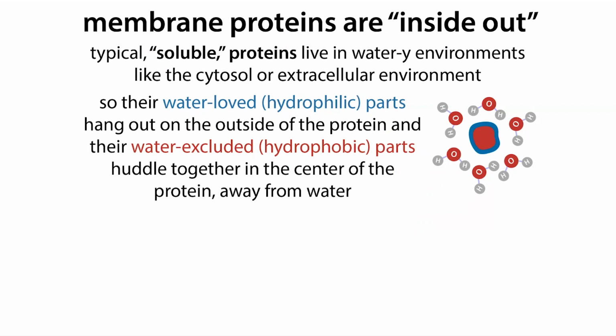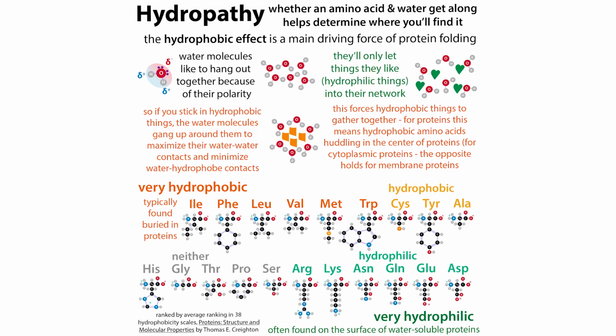Both of these are going to be aqueous. They're going to be all watery. And so proteins that are happy in those environments are going to have, at least on their outside, amino acids, so protein building blocks, that are going to like water. They're going to be hydrophilic, and water is going to like it. So it's going to hang out with it and it all is going to be good.